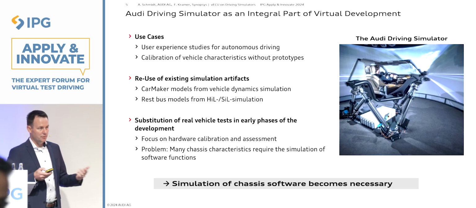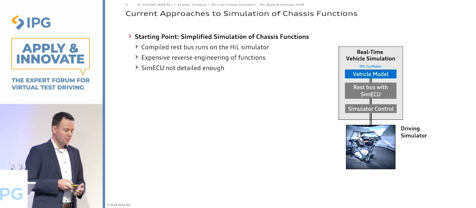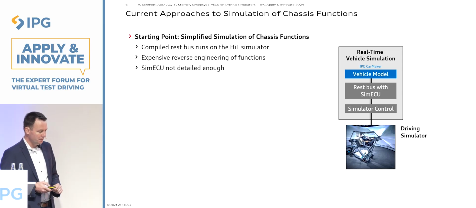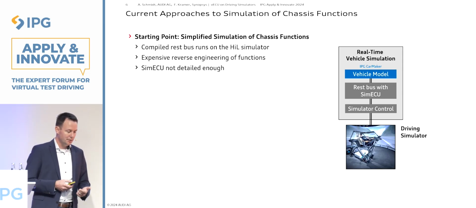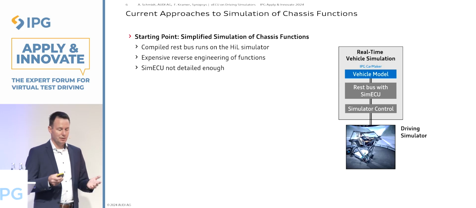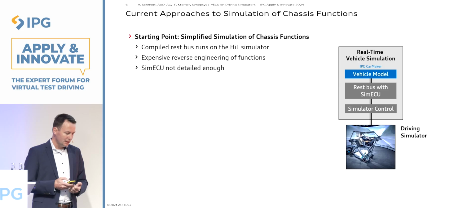And what we first did was, so this is how it looks now. We have the vehicle model, as I said, the CarMaker vehicle model, and we have our ResBus model, which is a big Simulink model, as probably many companies have. And this is very expensive to get all these SimECU functions to work properly.